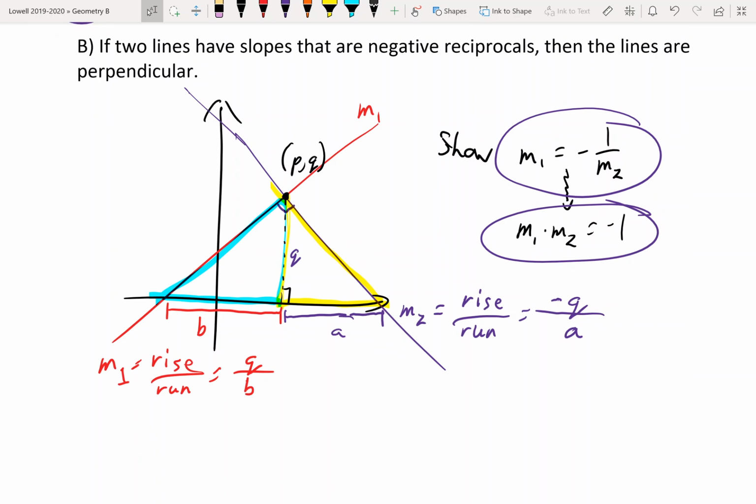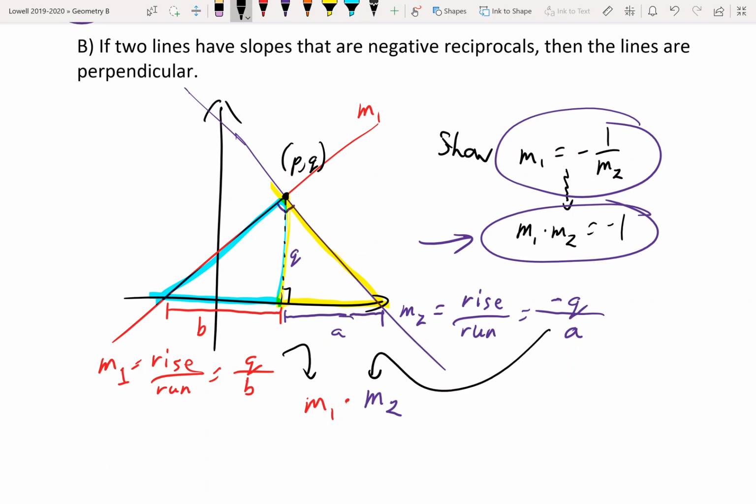Now let's see. What I'm trying to do is, I have values for M2 and M1. If I multiply them together, will it just come out to negative 1? Let's see what happens. M1 times M2. Let's substitute these in.